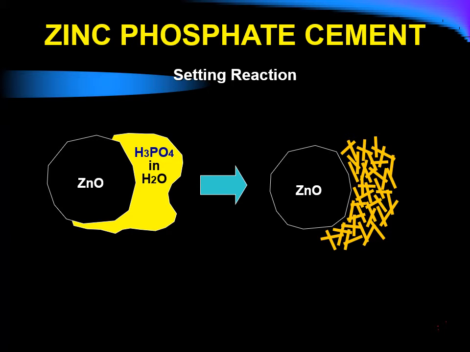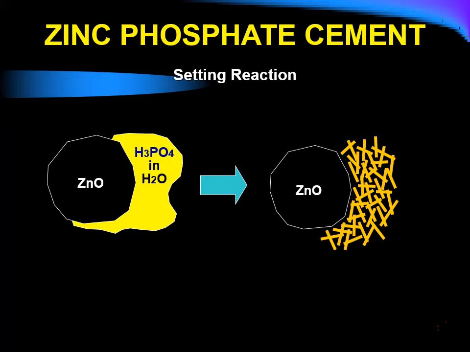The reaction of zinc phosphate cement begins with the acidic liquid contacting the basic zinc oxide powder, where ionization occurs and release of zinc ions from the surface of each particle occurs. In the presence of alumina, the reaction is completed, forming the zinc aluminophosphate cement matrix, which is the reaction product forming the matrix of the cement.